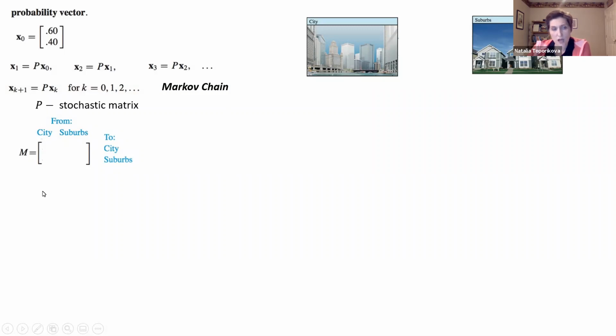The first column represents the movement from the city, the second column represents the movement from the suburbs. The rows represent the direction into a region: the first row represents movement into the city, the second movement into the suburbs.